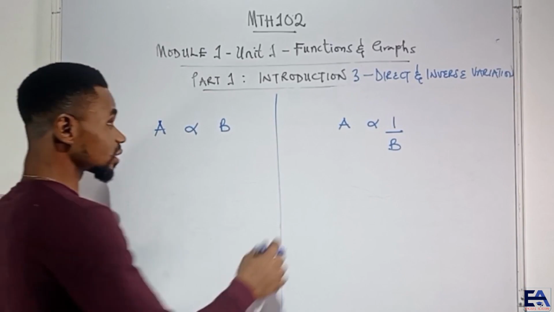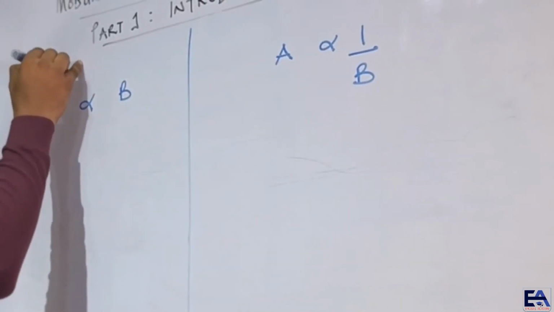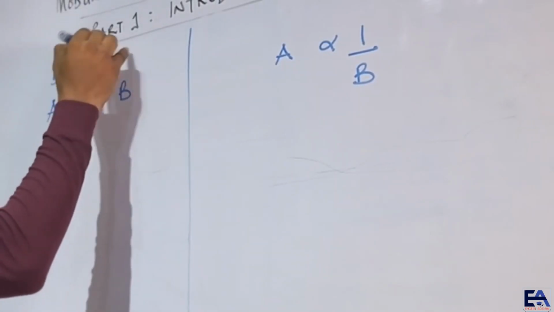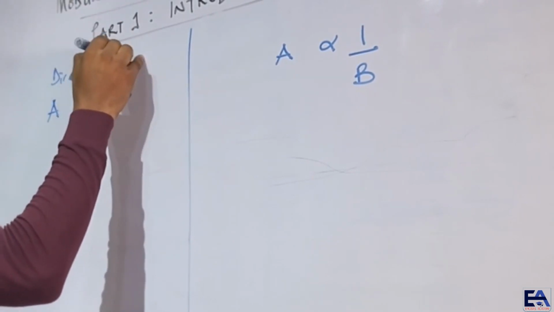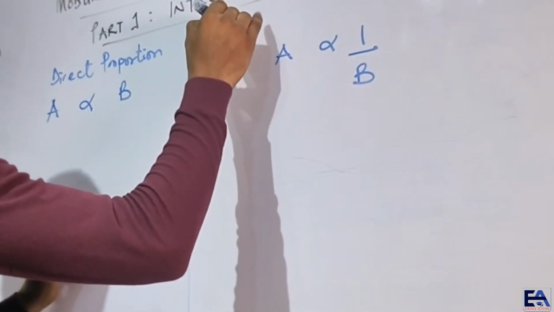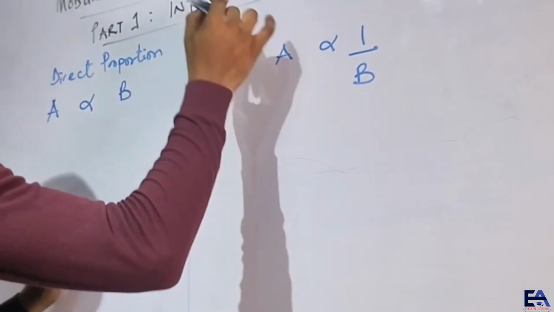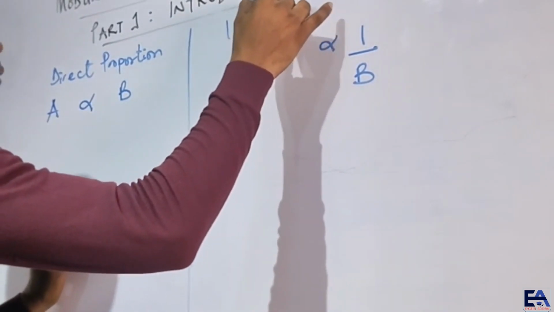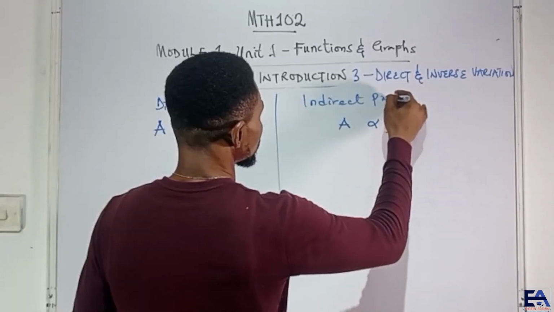As a matter of fact, this one is direct proportion or variation, while this one is indirect proportion.